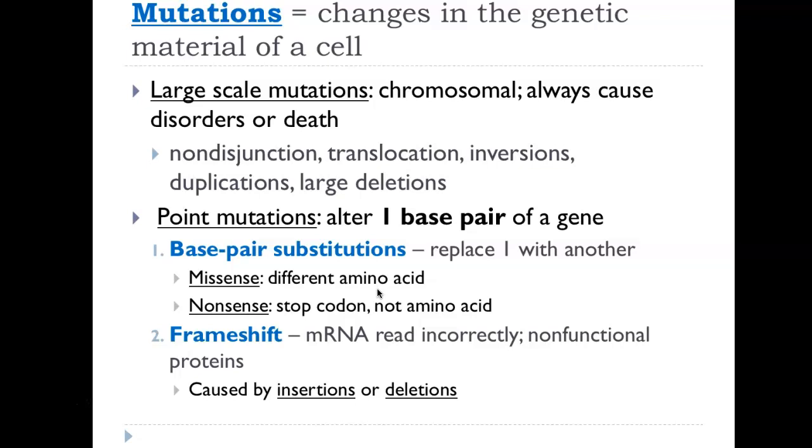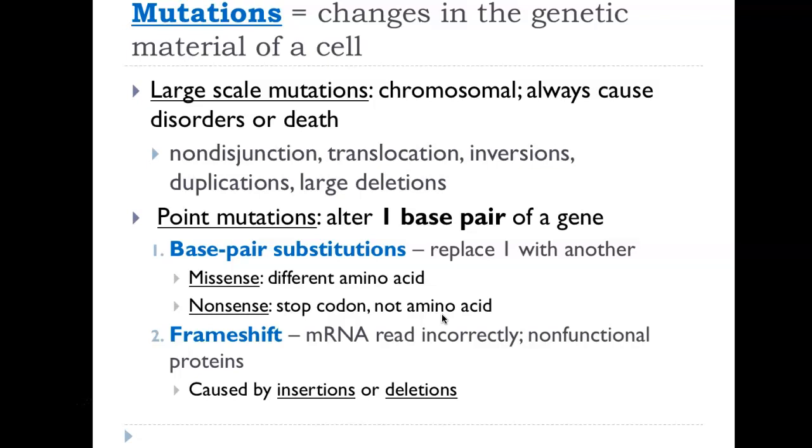Well, then mRNA is going to be wrong, then the protein's going to be wrong, sometimes. So missense would be a different amino acid. Nonsense would be a premature stop codon is reached. And then a silent mutation is, yes, there was a DNA mutation. However, it just so happened to code for a codon that codes for the original amino acid that was meant to be there in the first place. Whew, so you get lucky.